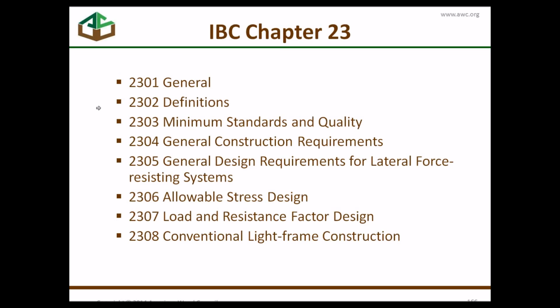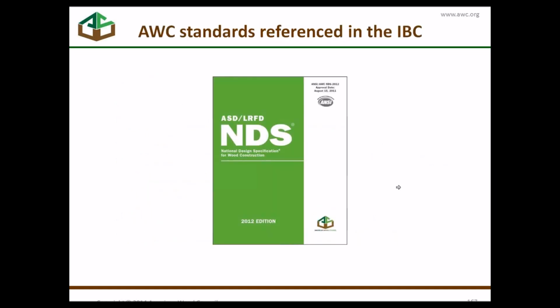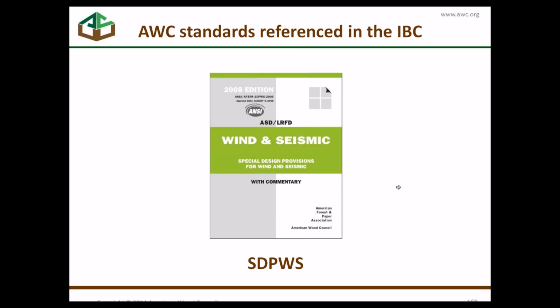Back up here in 2301, another alternative is actually the wood frame construction manual. And we'll talk about those. Are traditional approaches to residential construction. But first of all, a note about the special design provisions for wind and seismic. I already mentioned it in the NDS. And this one is the one that contains the requirements for your lateral load resisting systems for seismic and wind. 2305 of the building code references this directly.